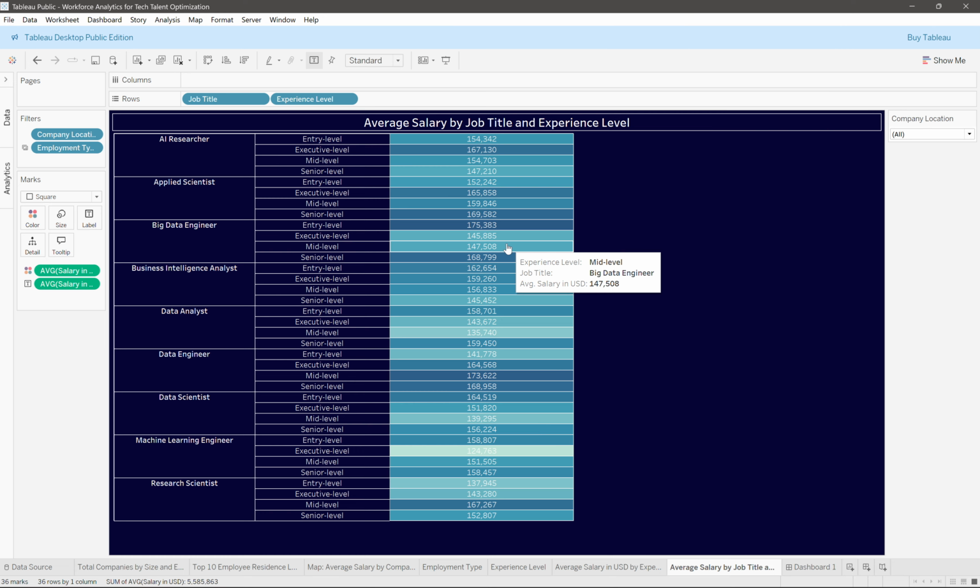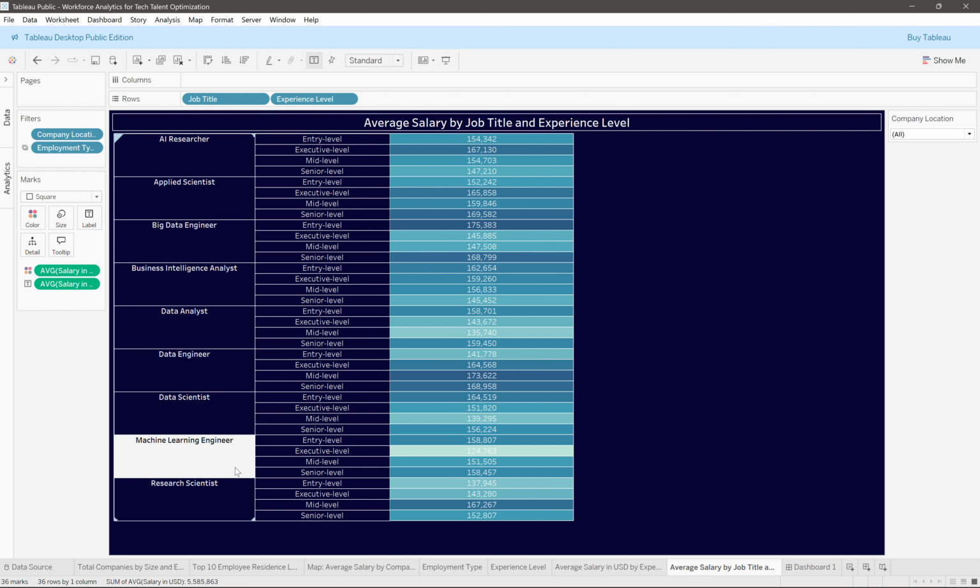Also look for role premiums: machine learning engineers, data engineers, and senior backend engineers. These roles typically command higher salaries compared to generic developer or support-related roles.